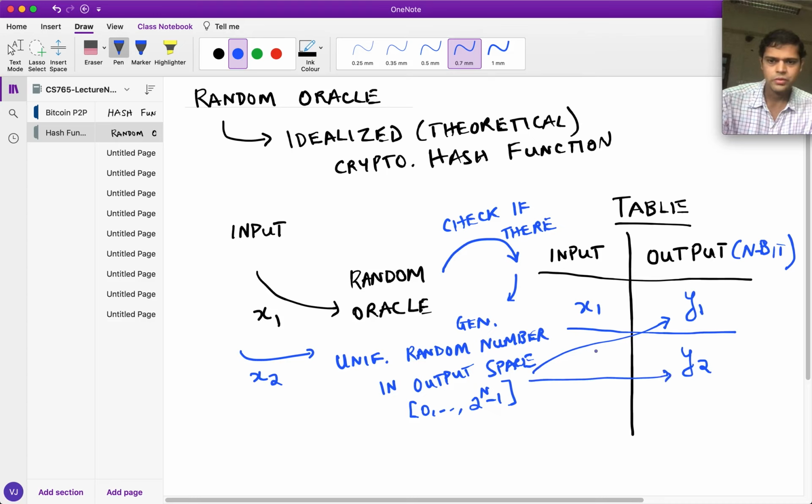So we put x2 and y2 in the table. So these are the outputs of the random oracle. Let's say somebody gave x1 to the random oracle, it generated y1. So it will return the output to the person who's giving it as input.